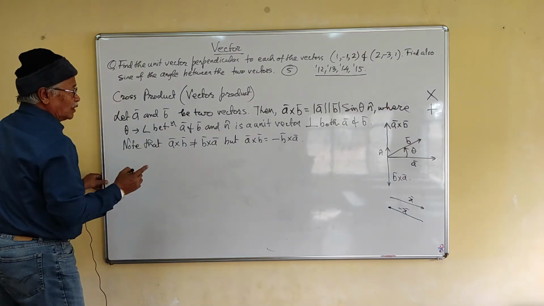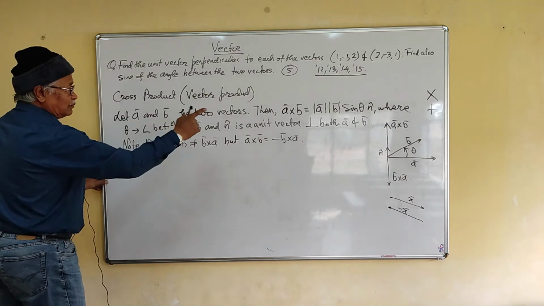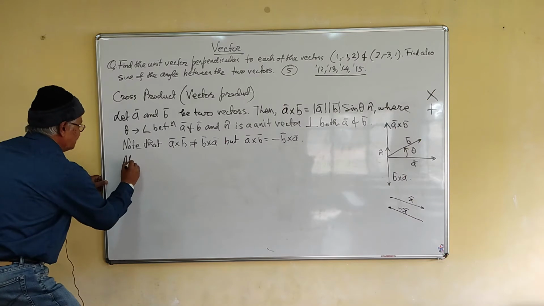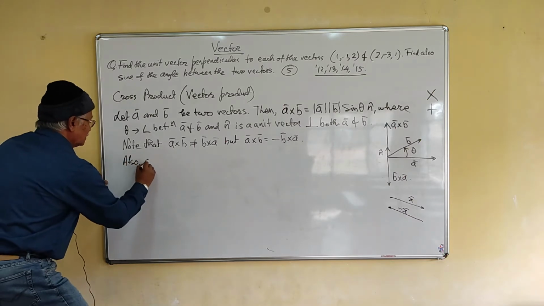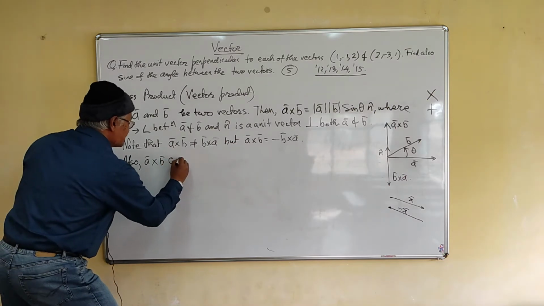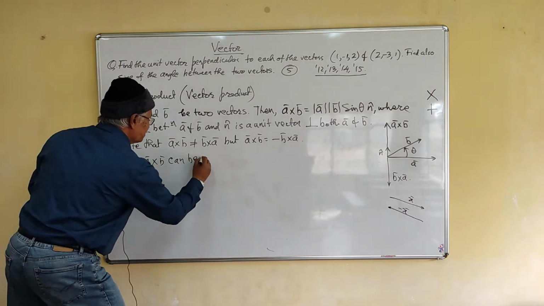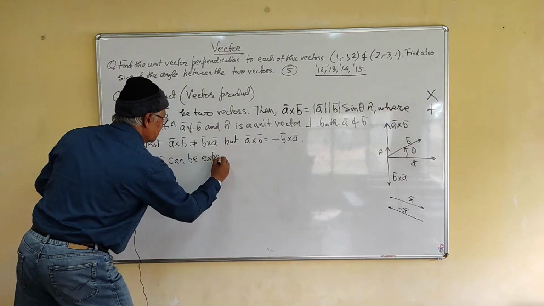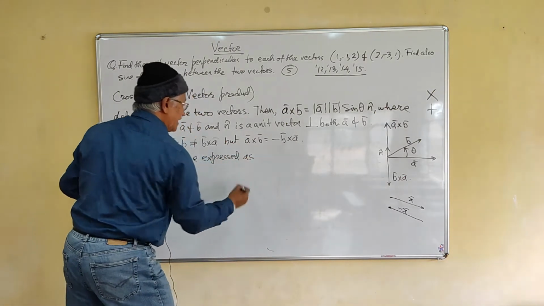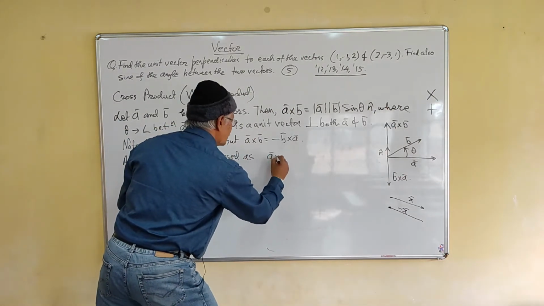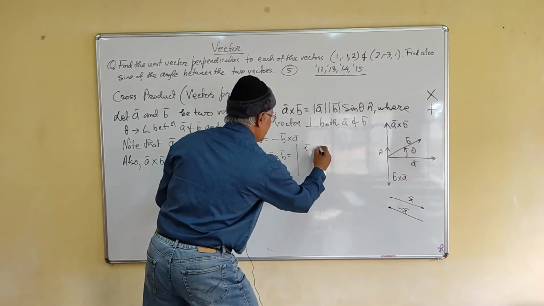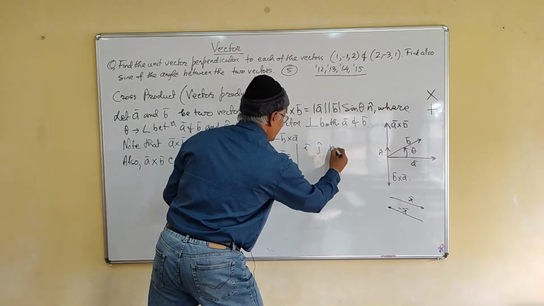Now, A cross B can also be expressed in the determinant form, with i cap, j cap, k cap.